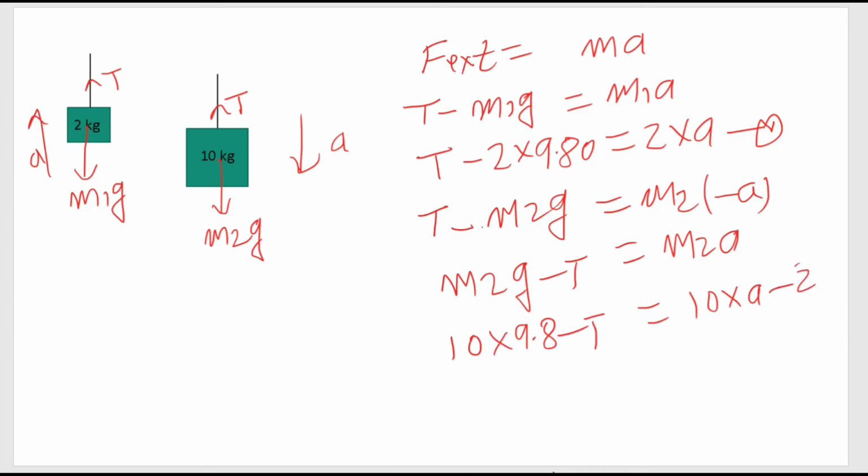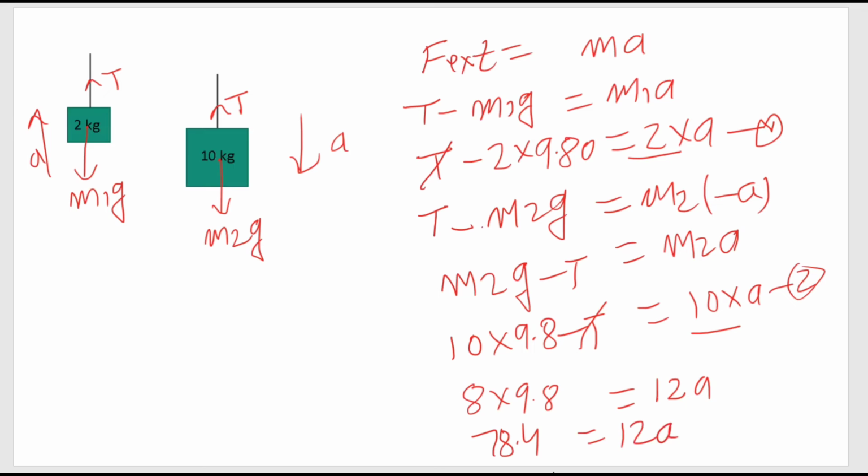Now add the first and second equations, and we will see that T cancels out. 10 minus 2 is 8, so 8 into 9.8 equals 2 plus 10, which is 12a. 8 into 9.8 is 78.4, so 78.4 equals 12a, and from here I can find a equals 78.4 divided by 12.